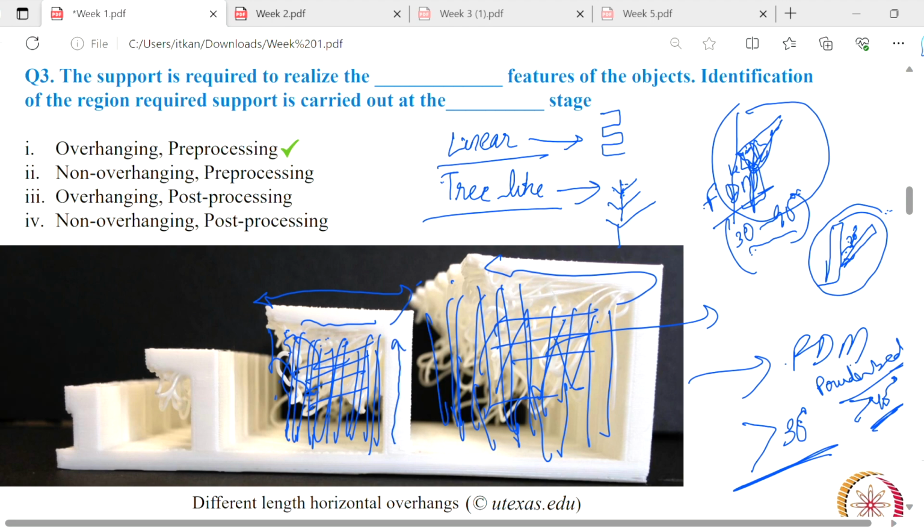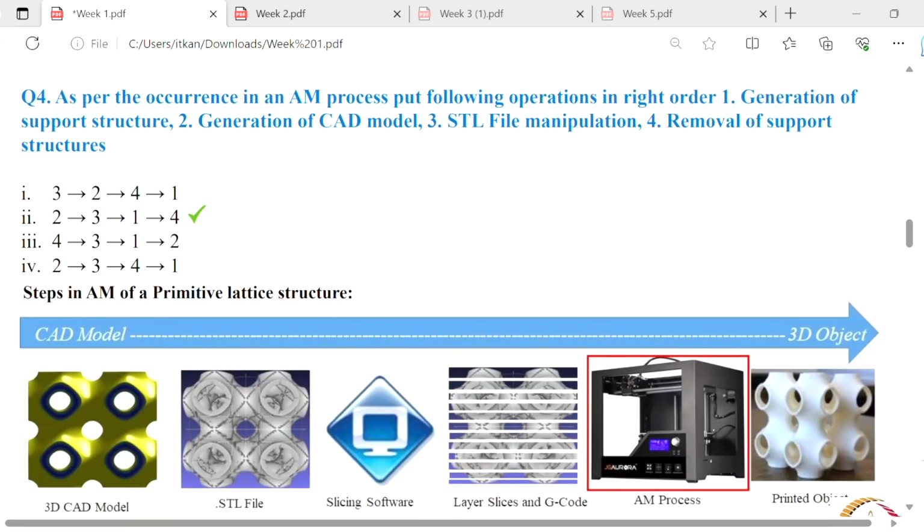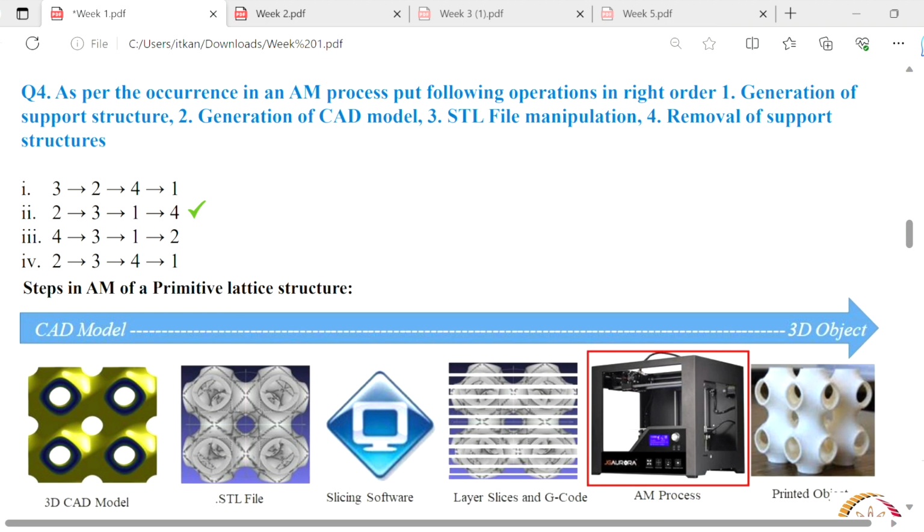Okay, now we will move on to the next question. As per the occurrence in the additive manufacturing process, we have to put the following operations in correct order: generation of support structure, generation of CAD model, STL file manipulation, removal of support.